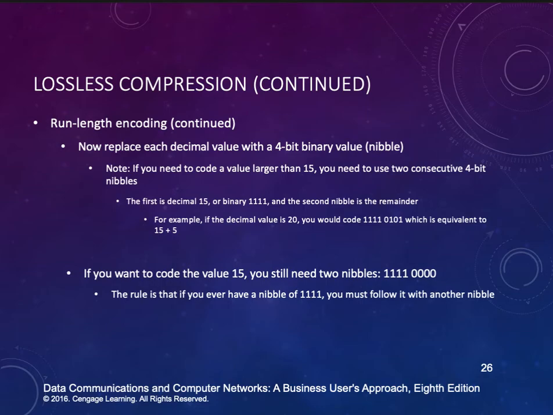So if you have a code larger than 15, you need 2 consecutive 4-bit codes. For example, 15 is 1111. Here we have 20, which is 1111 0101, where basically it's a sum of 15 and 5.